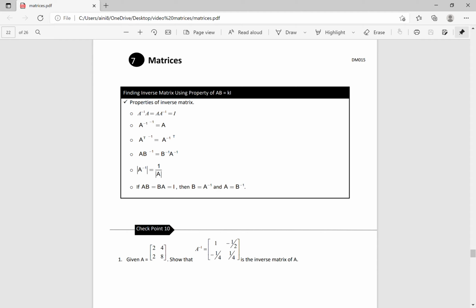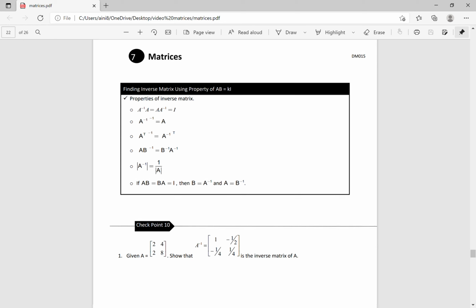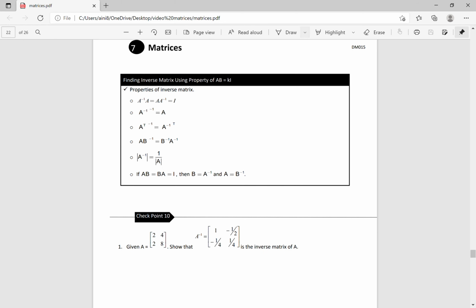The second method of finding an inverse is using a property, that is A times B equals to identity. Before that, we have to look at the properties. The first one is A inverse times A equals A times A inverse, that is equal to I. I is an identity matrix.